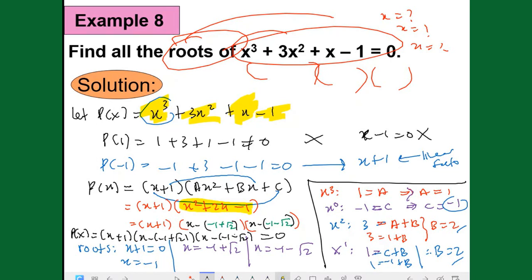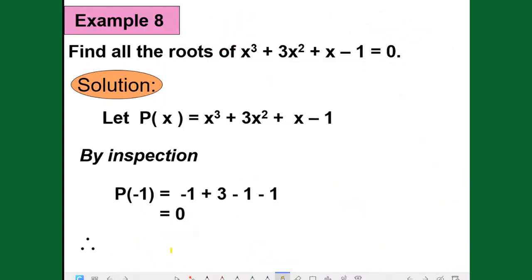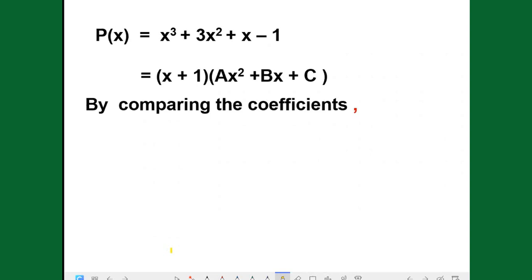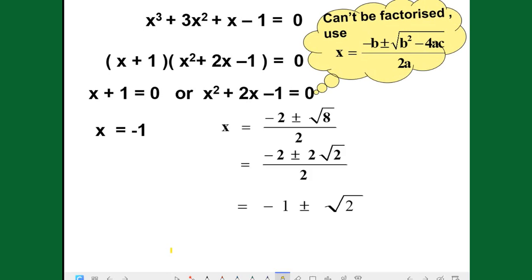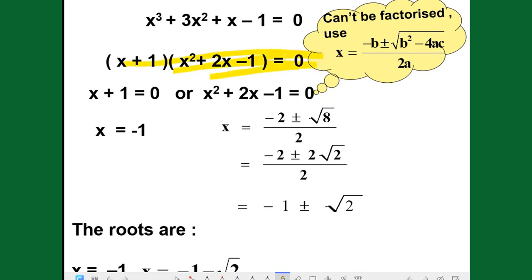Kena ada ni. Baru buat roots. Settle. Okay. So saya rasa you all dah boleh buat ni. Then cannot be factorized further. Dibuat kat atas kot, kat atas ni.